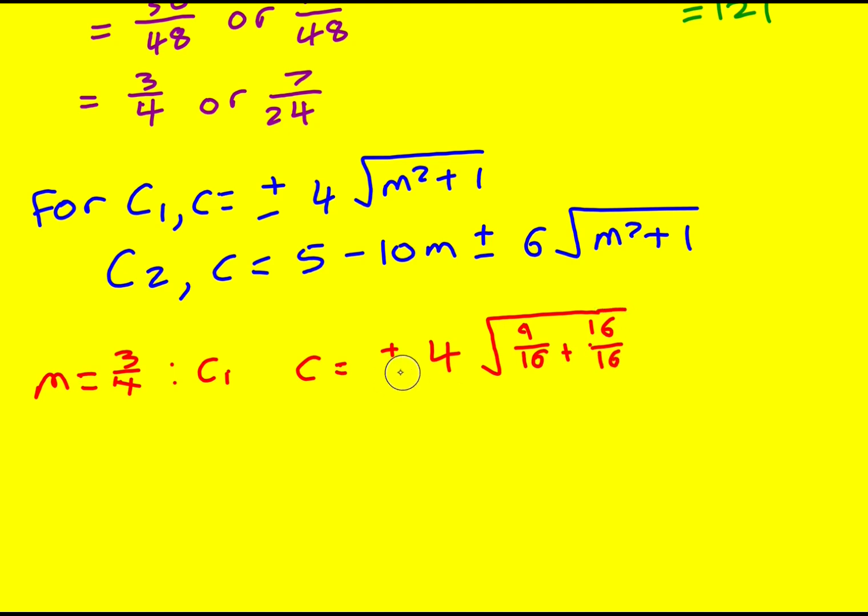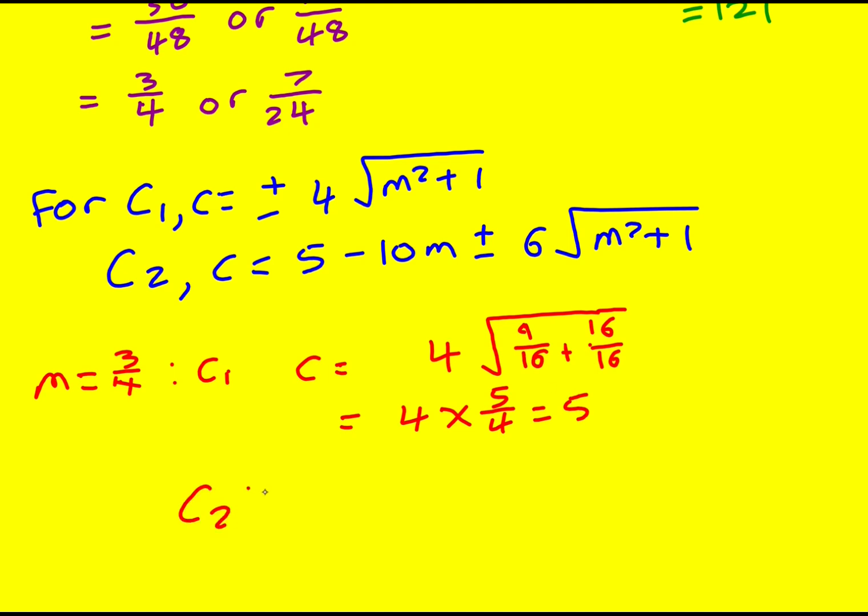Sorry, when I say plus or minus, of course, we're considering the positive one here. And that is going to be 4 times 25 over 16 square rooted, so 5 over 4, which gives 5.